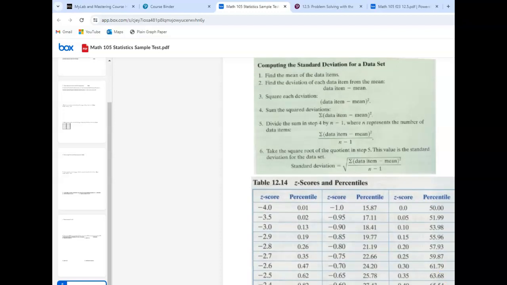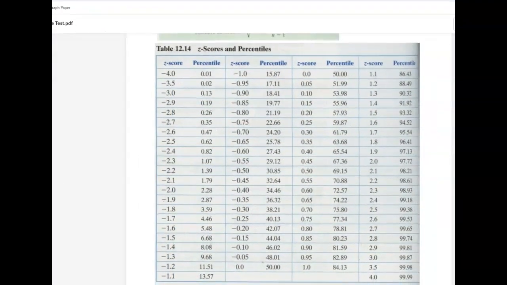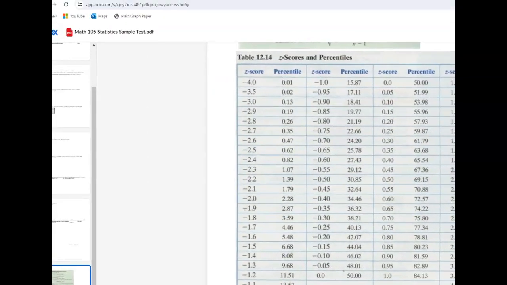I give you the steps. You just need to be able to follow the steps. And then I also give you, you can see part of it right now, the chart for the z-score. So the same chart that we were just looking at. So that'll be there on your test as well. So just like it's in your homework, just like I'm going to refer to it here in the videos, you'll be able to use this chart as you're working out problems.